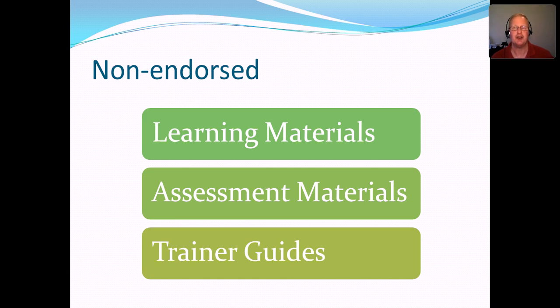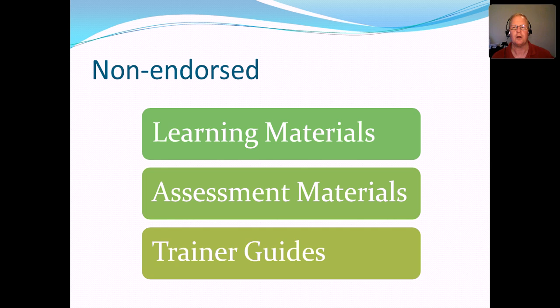So understand there are two parts to a training package. There are the endorsed components, which set out for all RTOs what they're required to train and assess for that particular training package set out for a particular industry. And then there are the non-endorsed components that an RTO is able to put together itself or design to support their students for those endorsed components.